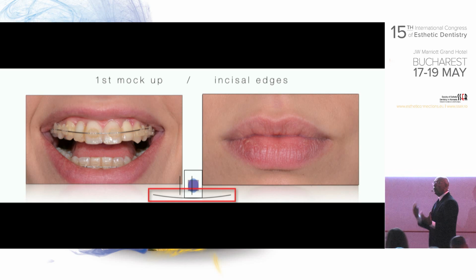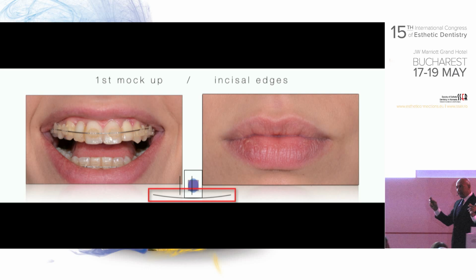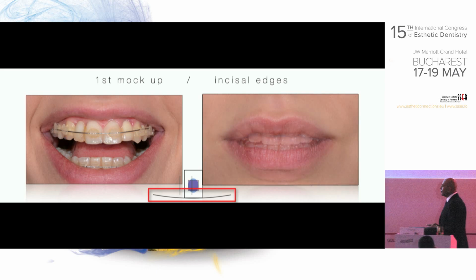And as you all know, the very, very first step of starting any aesthetic case is the incisal edge position. Not only vertical, but also horizontal. So I'm trying to see if I can get that silhouette, then okay, we can handle the rest of it.